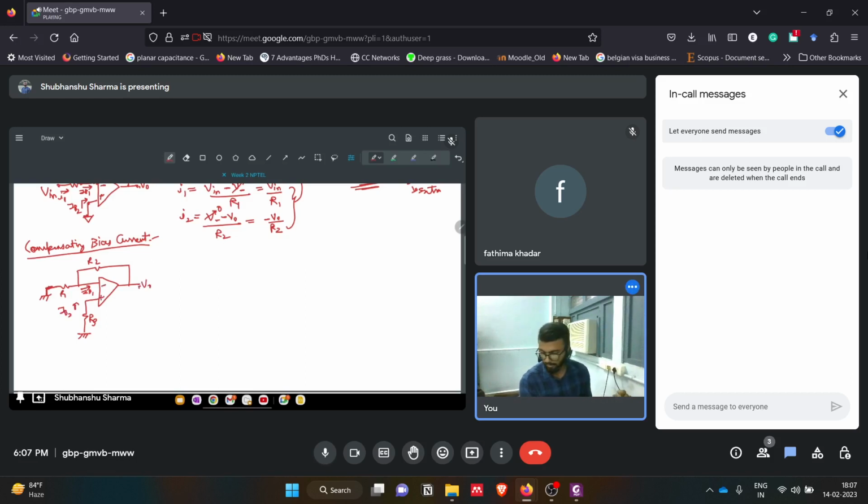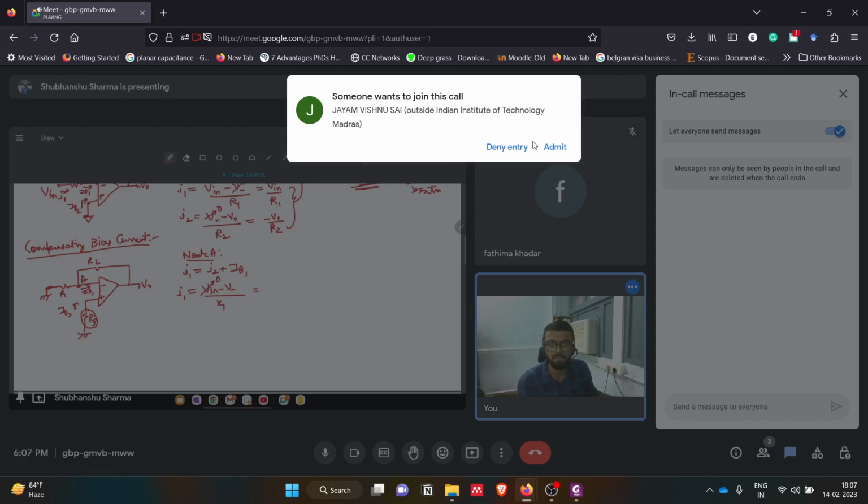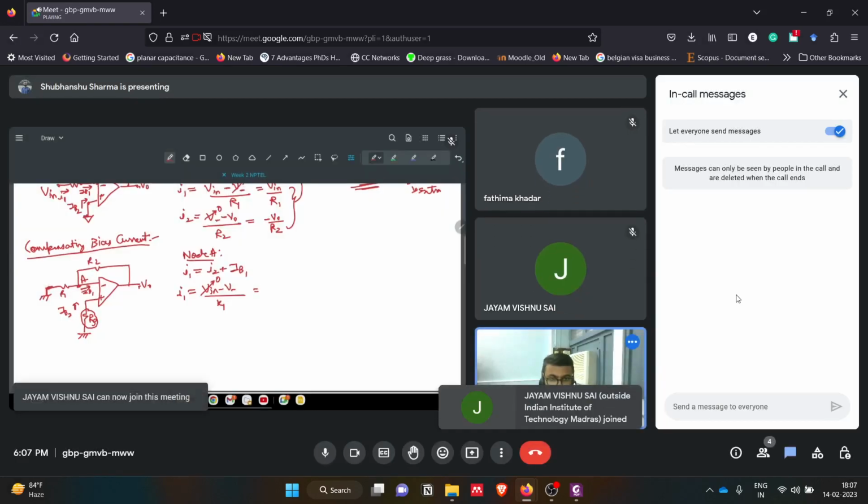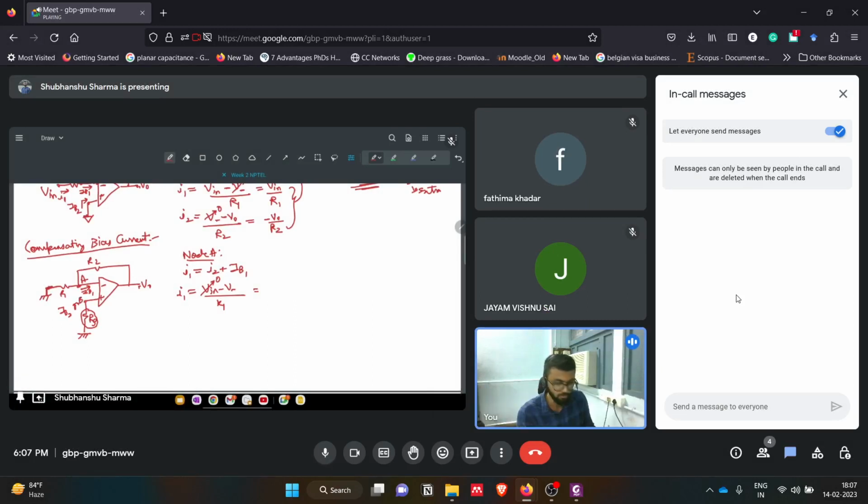This is V0. Again we use I1 equals I2 plus IB1, the KCL equation at node A. I1 is V in minus V minus divided by R1. Since we are not using V in, it is 0. But V minus will be the drop across this resistor, because the voltage at node A is equal to the voltage at node B, and node B voltage is the drop across it.